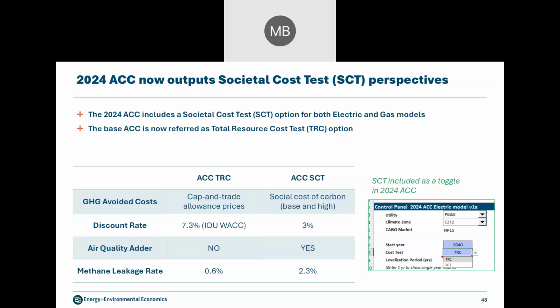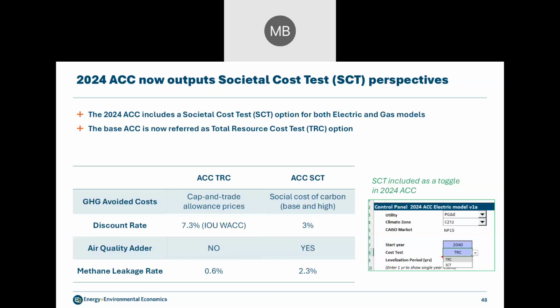We agree that escalation rates are not the same as discount rate, but that was what was used and adopted to be used in the gas model. And I think we recognize that this methodology is an interim approach as we try to figure out the true value of the cost of carbon for gas, especially in the face of adopting electrification.